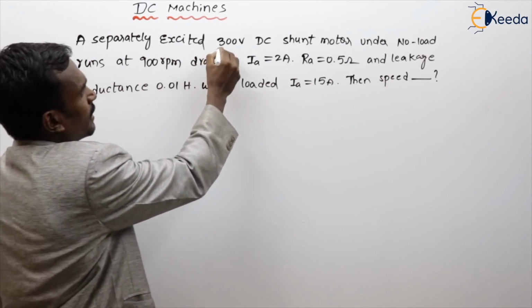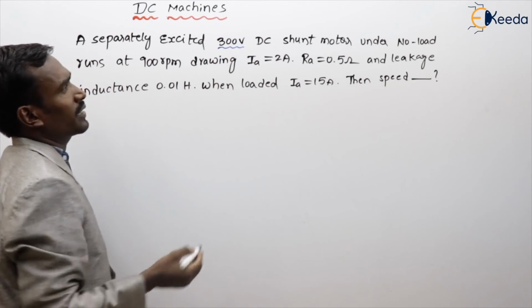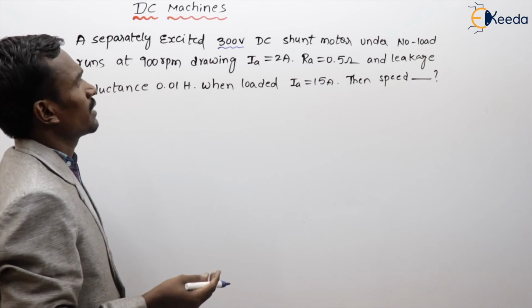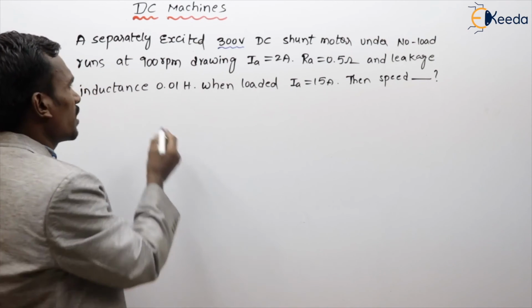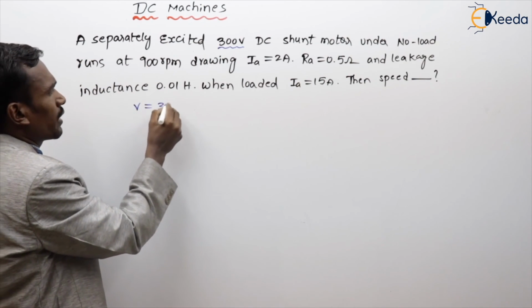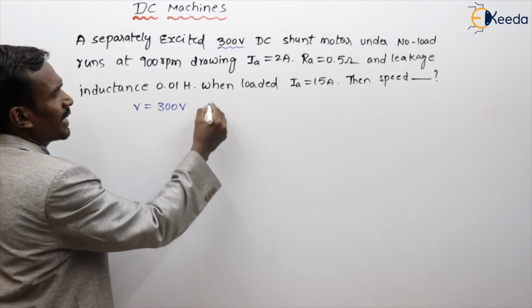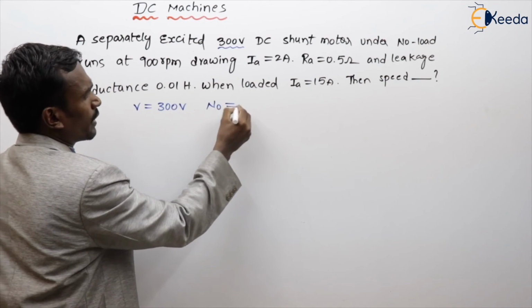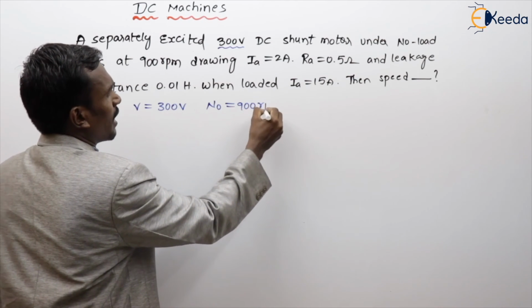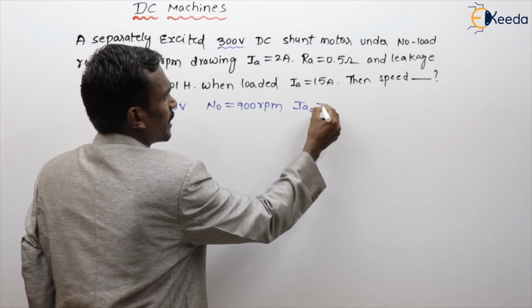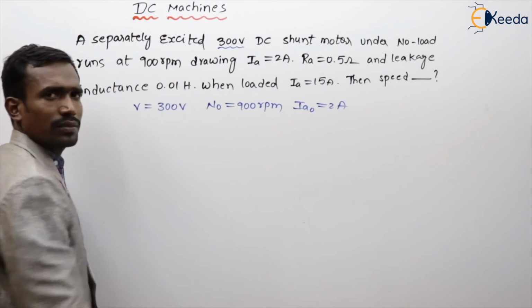Let's see here, sir. A separately excited 300 volts DC shunt motor, nothing but V is equal to 300 volts. Under no load condition it runs at 900 RPM, and the no load armature current is 2 amperes.